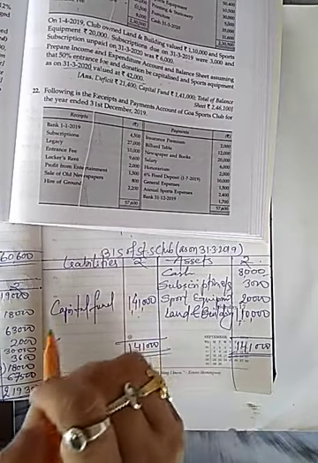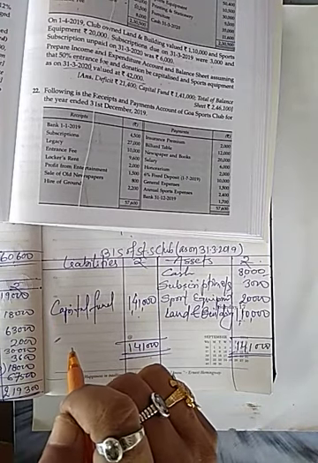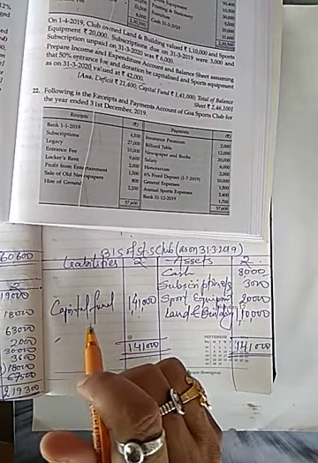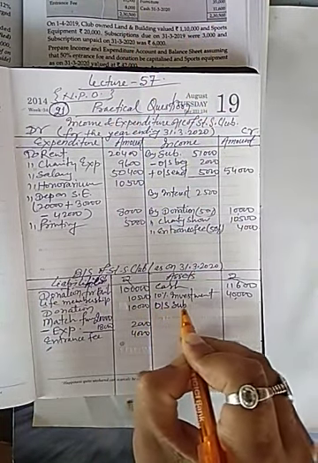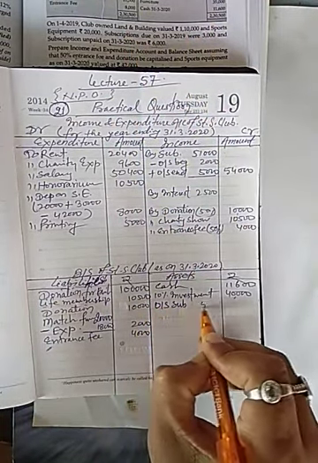Now this capital fund will show in the final balance sheet. So now according to the adjustment, outstanding subscription for 2020 will be 5,000 plus outstanding subscription still in arrear 1,000, so total will be 6,000.